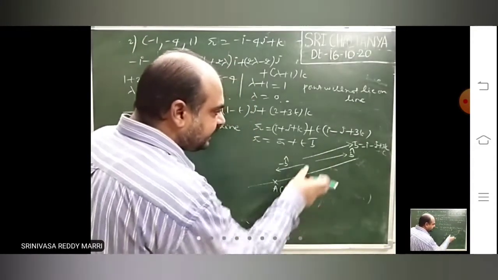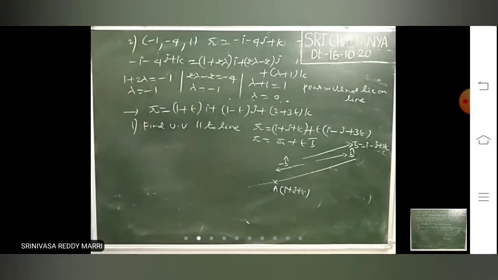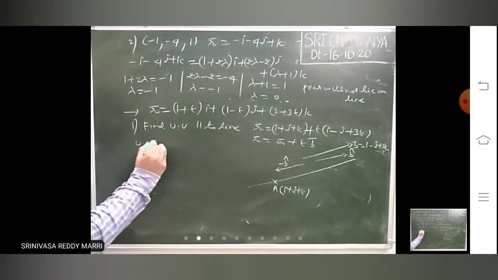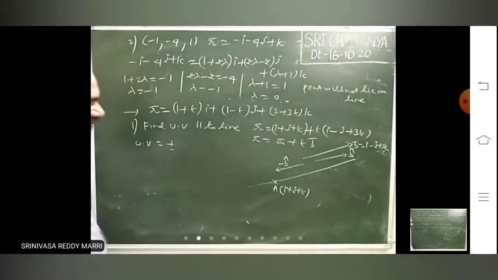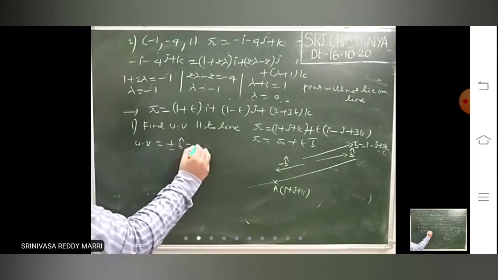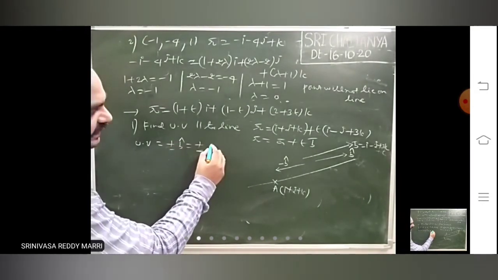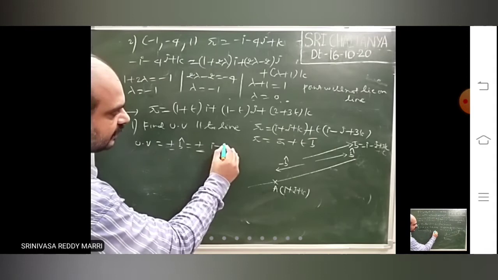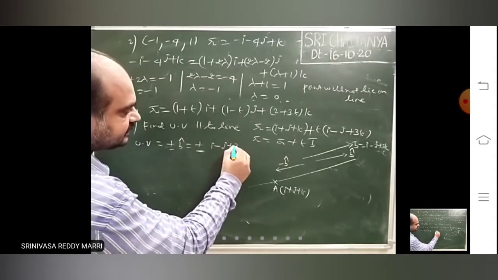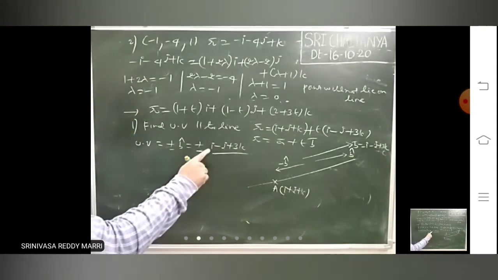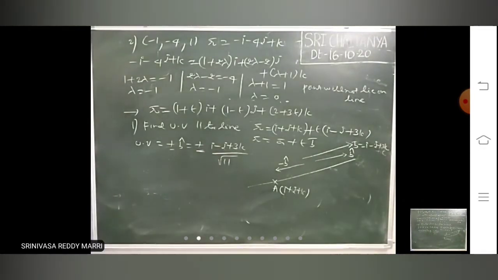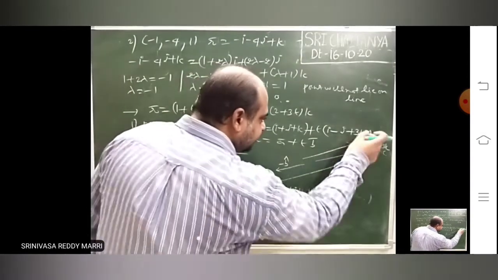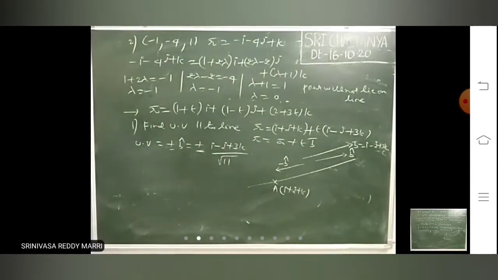So the unit vectors parallel to the line are plus or minus b cap, that is plus or minus i minus j plus 3k divided by the magnitude, root of 1 plus 1 plus 9, root 11. So these are the two unit vectors, one in this direction and one in this direction.